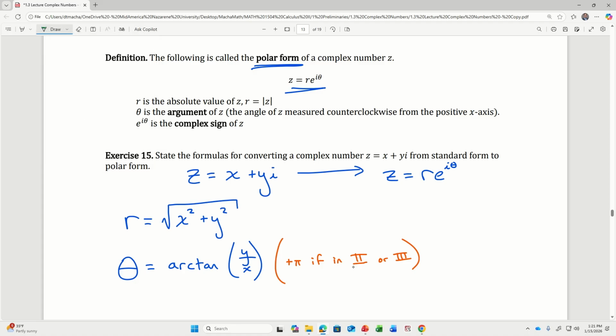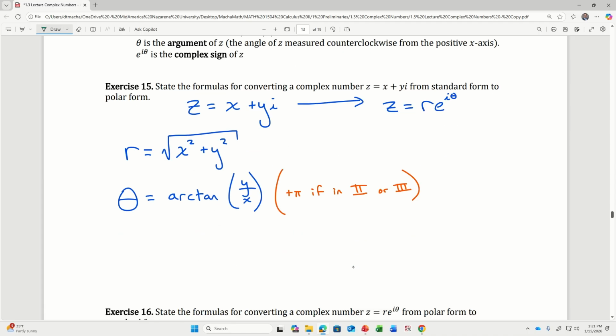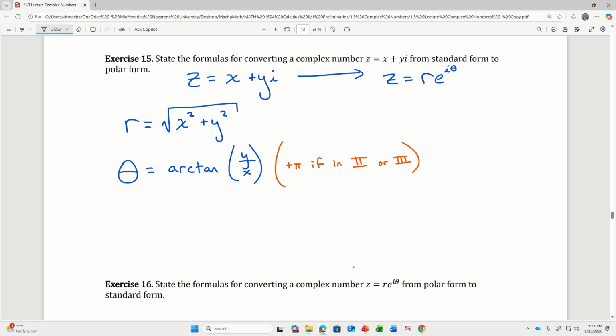How do you go from polar coordinates to rectangular coordinates? Standard form is like rectangular coordinates. Polar form is like polar coordinates. And then if you have a complex number in polar form that you want to convert to standard form, you need x as a function of r and theta, and y as a function of r and theta.